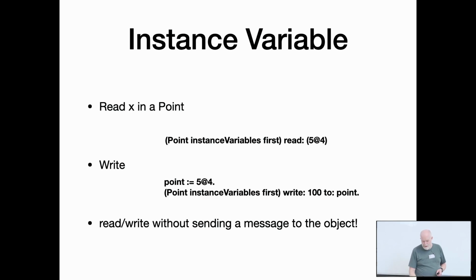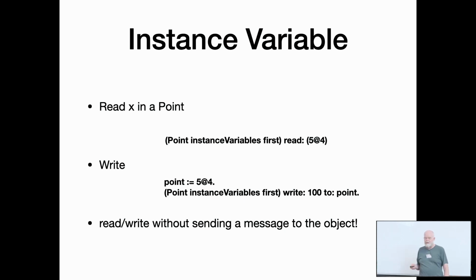Another API that is important, especially for debugging tools, is that you can actually read from variables. For instance variables, this uses the API read and write. So you first get from somewhere the object that represents your variable. In this case, we say Point instanceVariables first, which gives you the Point x. And then we can say read: 5@4, and it will return 5. Or we could do it with write: 2, we could change this.